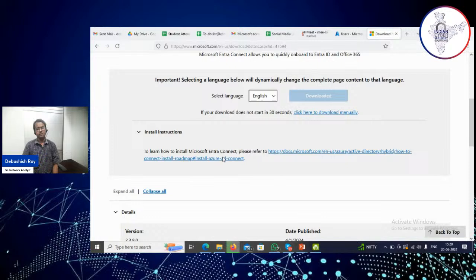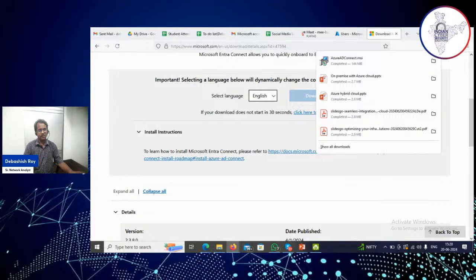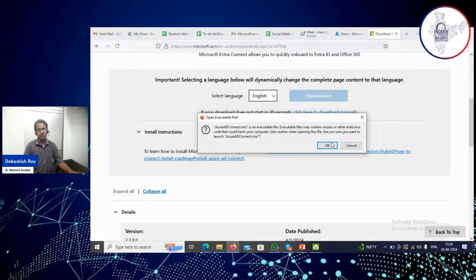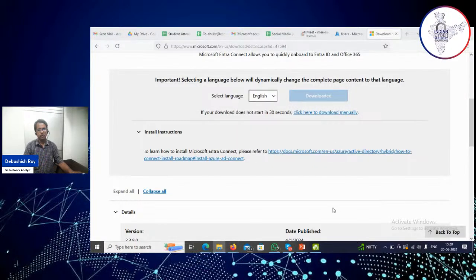Say for example you are doing it from your own on-premise server, you have to download it there. Or if you are doing it on the VM that is running on the cloud, there also you have to install this application. And you can see it is downloaded there. So just click on that.